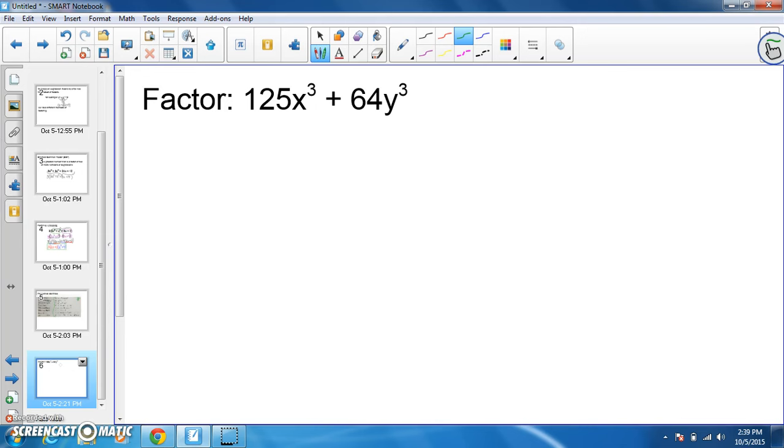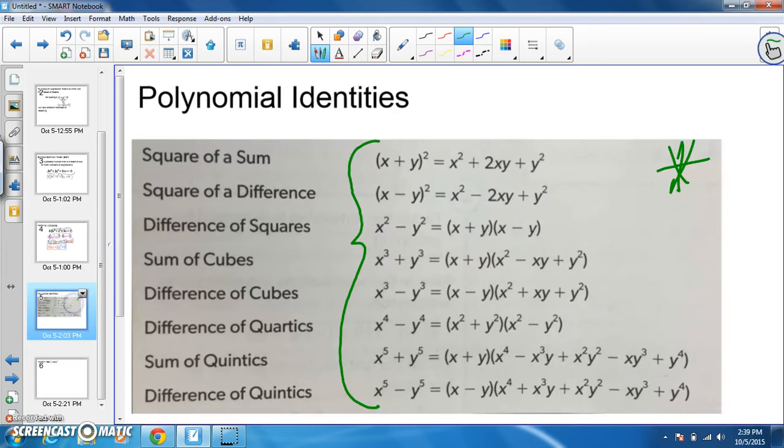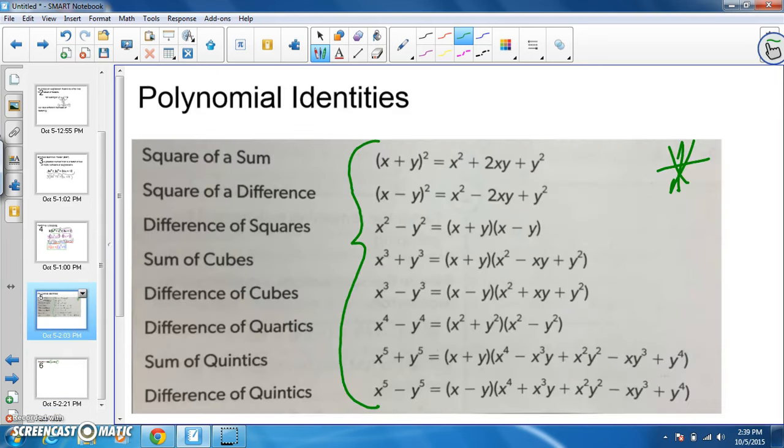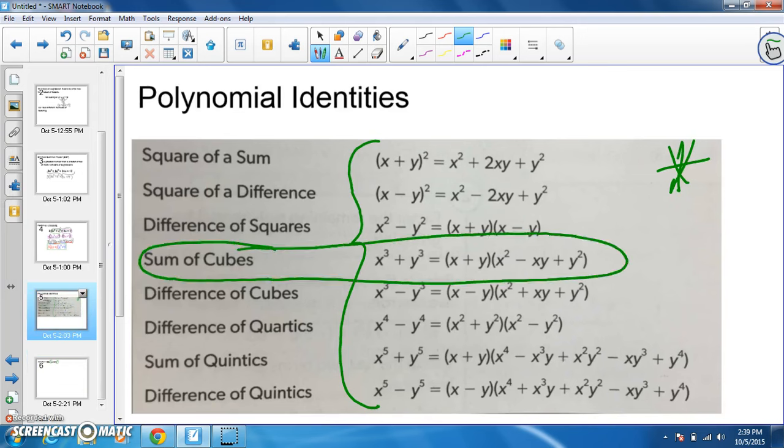125x cubed plus 64y cubed. So our first thing we're going to look at is if this problem fits any identities. So if we take a look back at our identities and our problem, we have cubes in our problem, and we have a sum of cubes identity.